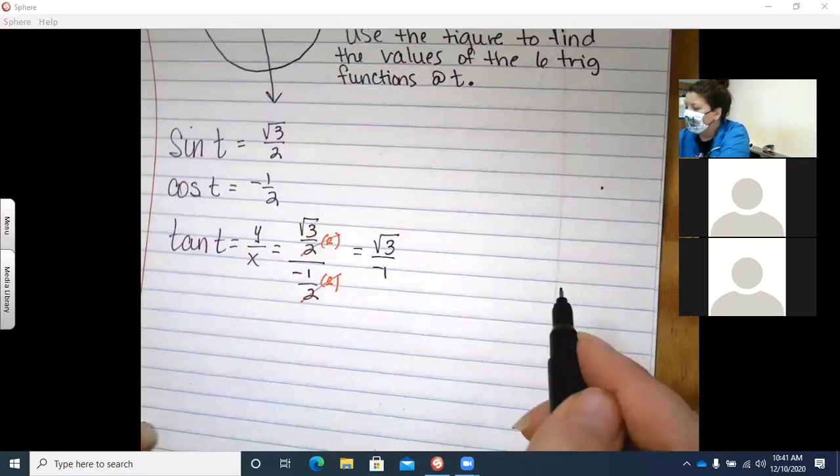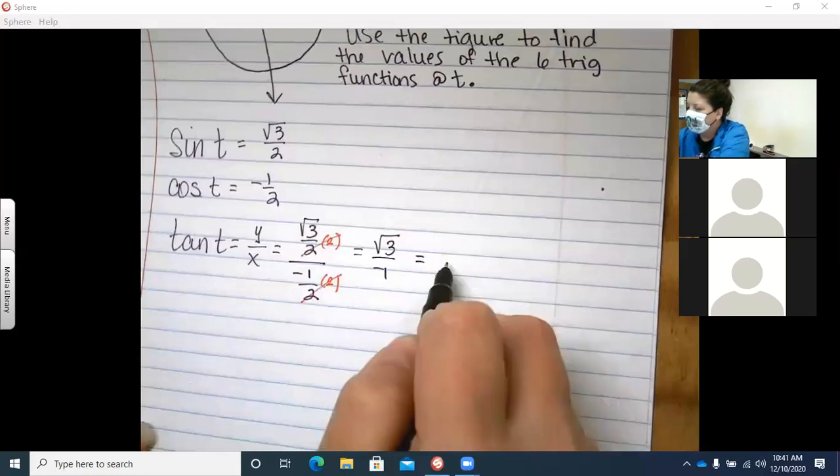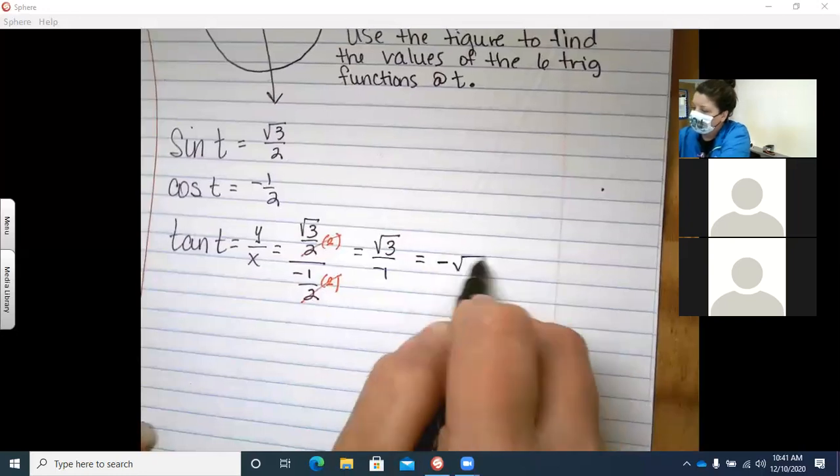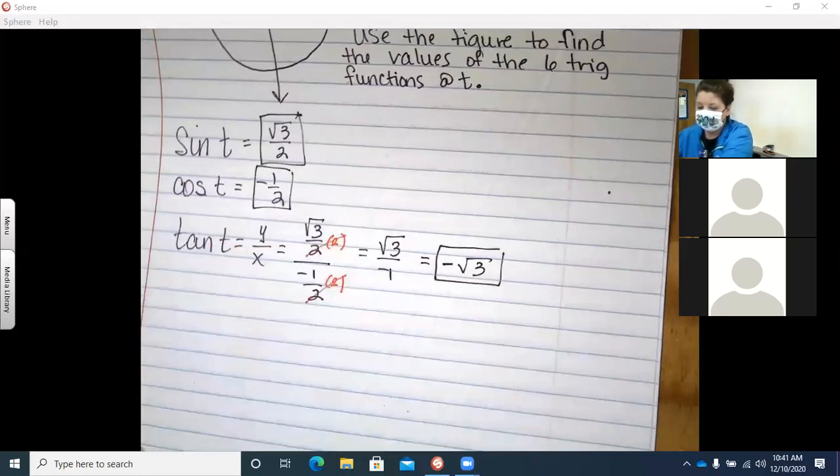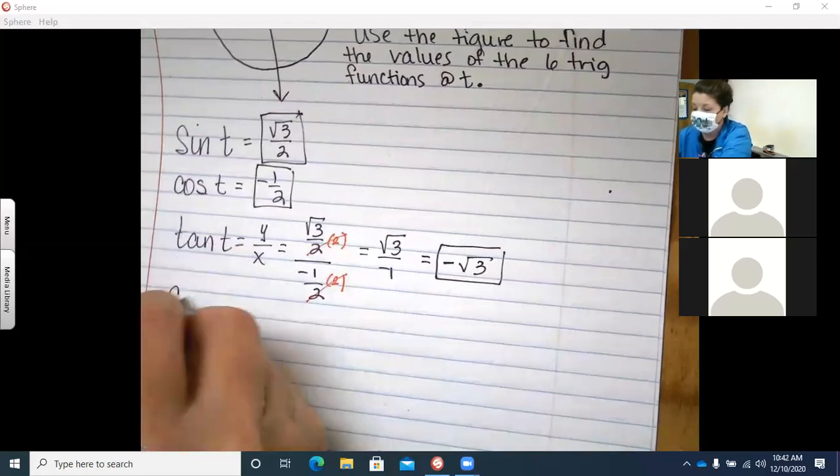No. What is the square root of 3 divided by negative 1? Isn't that just negative square root of 3? Okay, so that would be the tangent of t. Helpful so far? Yes, that's really excellent.